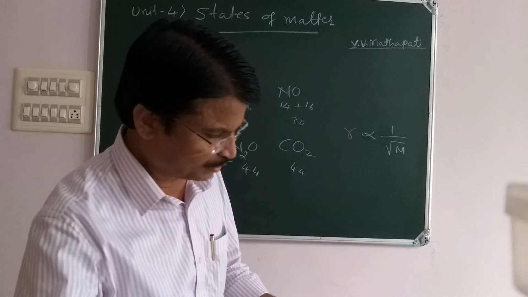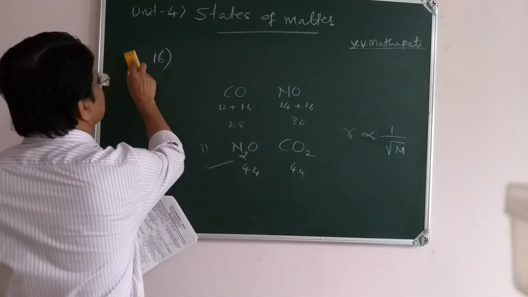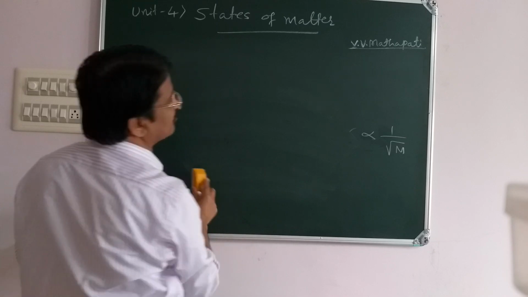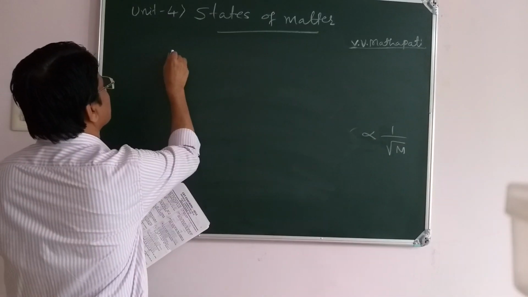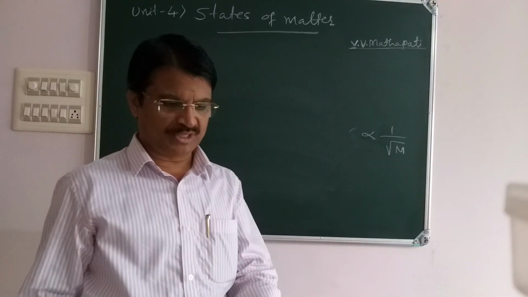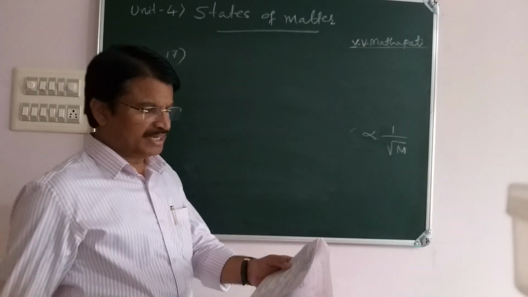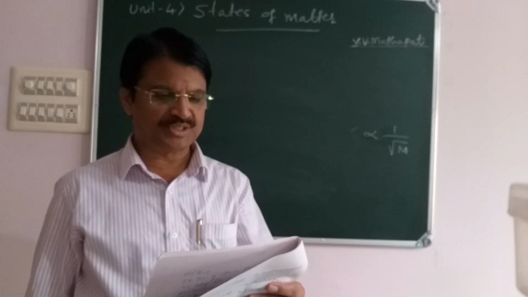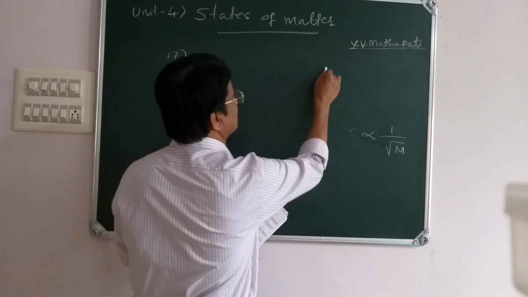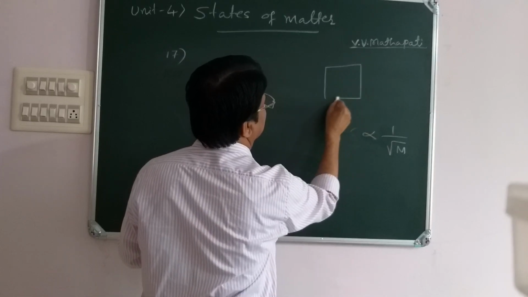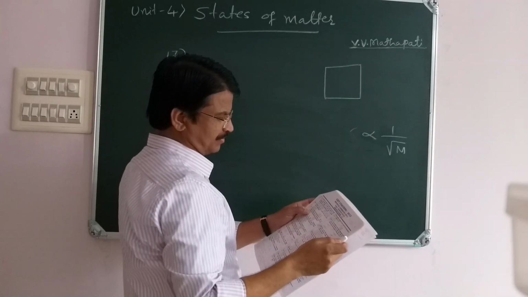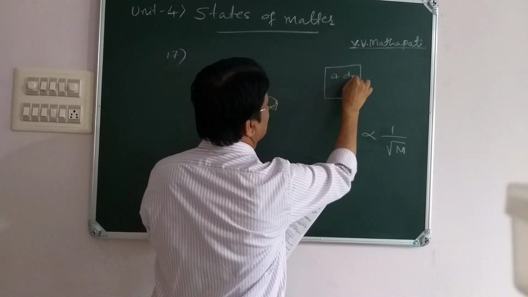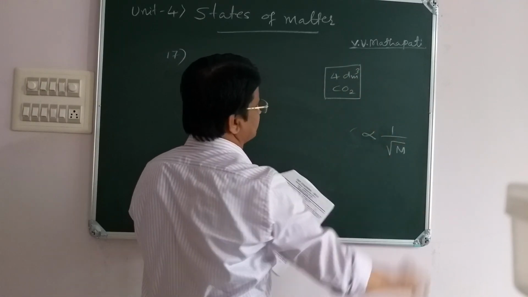Next question, question number 17. There is a multiple choice. The pressure and temperature of 4 dm cube of carbon dioxide gas are doubled. Then the volume of CO2 gas would be, here there is a cylinder or a vessel, 4 dm cube CO2 is taken.